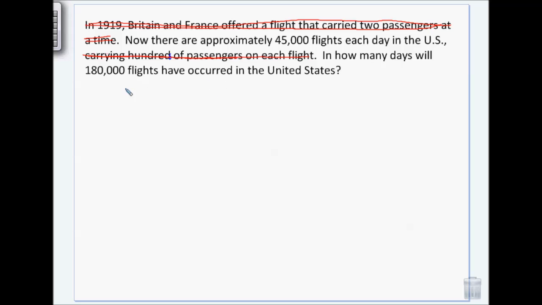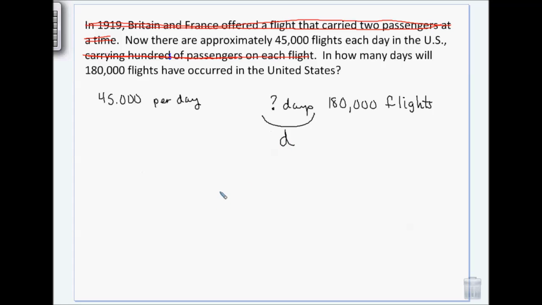What we need to know is that there are 45,000 flights a day, and we want to know how many days for 180,000 flights. If I say the number of days, we'll call that D. If I know that there's 45,000 per day, what math am I going to do?